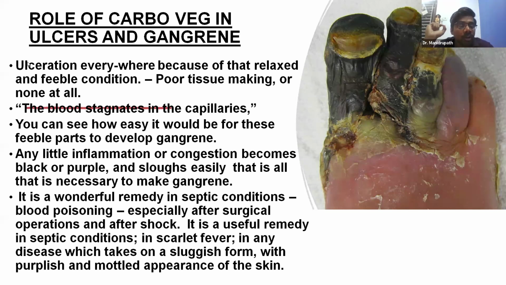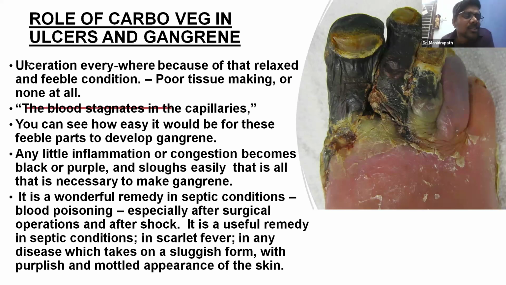So it is a wonderful remedy in septic conditions, blood poison, especially after surgical operations and after shock. It is a useful remedy in septic conditions, in scarlet fever, in any disease. This line you understand. In any disease which takes on a sluggish form with a purplish and mottled appearance of the skin is carboveg.